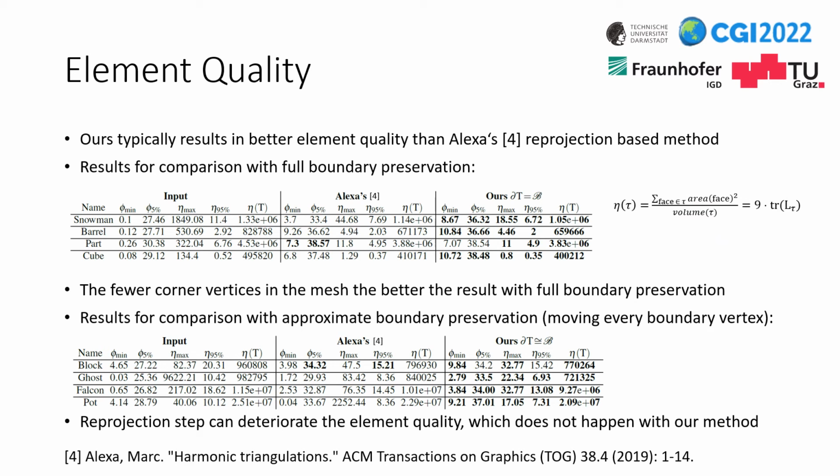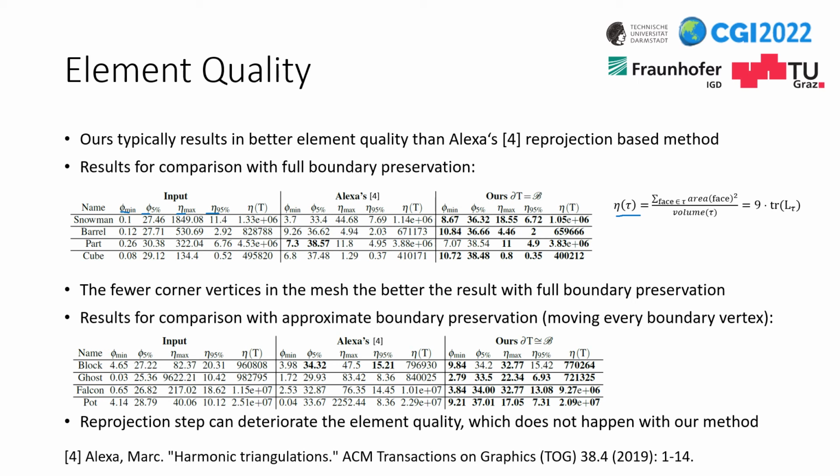We now compare resulting element qualities using our method and the original harmonic mesh optimization method. We first compare with our full boundary preserving method. We provide minimal dihedral angles, phi, and energy states, eta. Eta is just another formulation of the trace, dropping the dimensional constants. Better results are printed boldface.